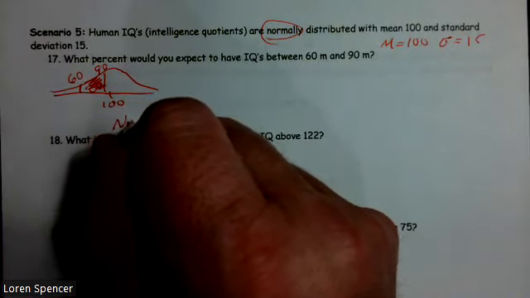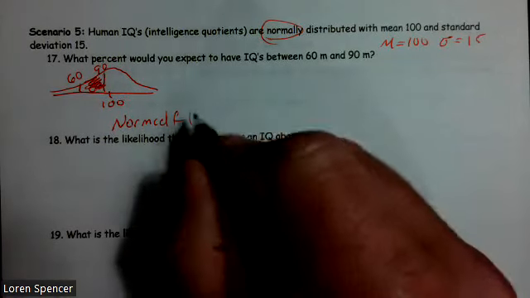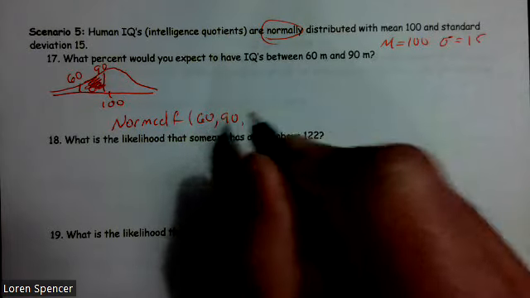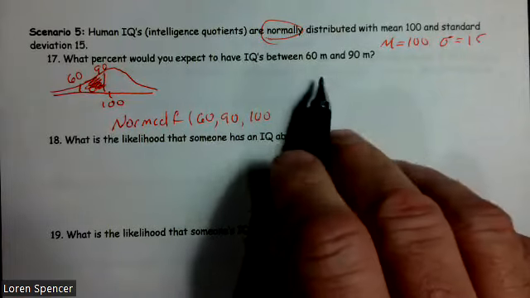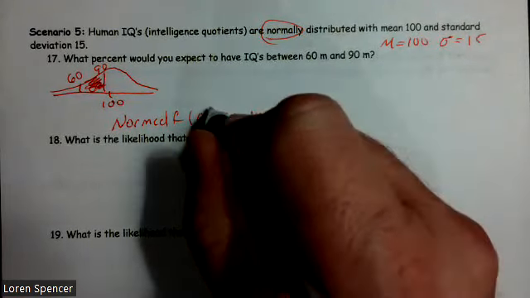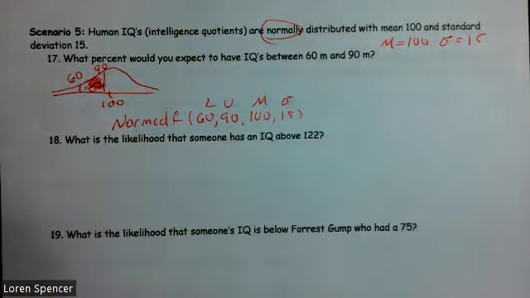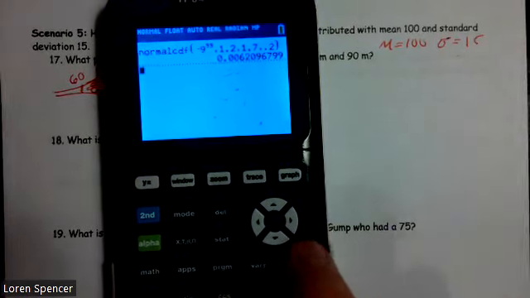So again, they told us it was normal, so a norm CDF. Lower is 60, upper is 90, and our mean was 100. And I happen to know that that actually is the IQ mean, and the IQ standard deviation really is 15. So lower, upper, mean, standard deviation. Typing that into the calculator.